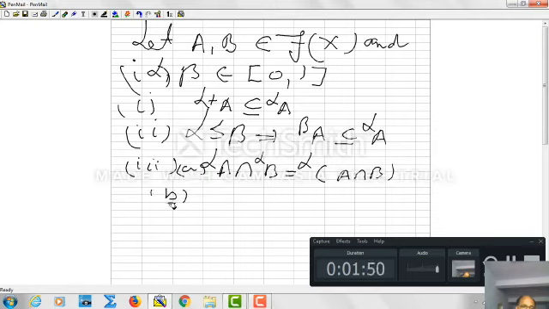And the second is: the alpha cut of A union the alpha cut of B is equal to the alpha cut of A union B.